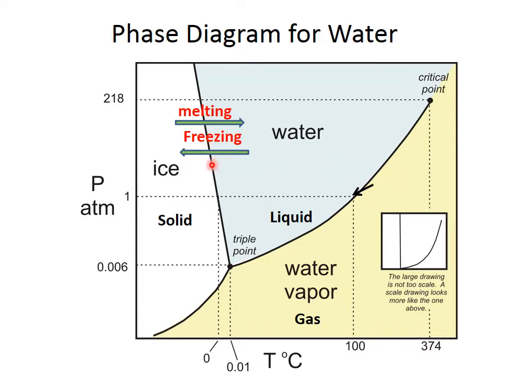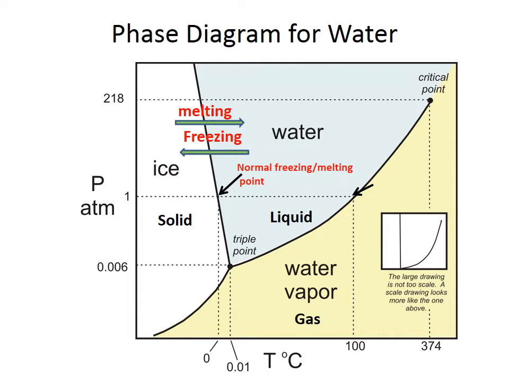Under these conditions of temperature and pressure along this line, water will exist as a solid and a liquid. They're in equilibrium. So that process going from the solid to the liquid is melting, from the liquid to the solid is freezing. At standard temperature, which is 0 degrees Celsius, and standard pressure of 1 atmosphere, where it changes from a solid to a liquid, that is going to be our normal freezing or normal melting point.